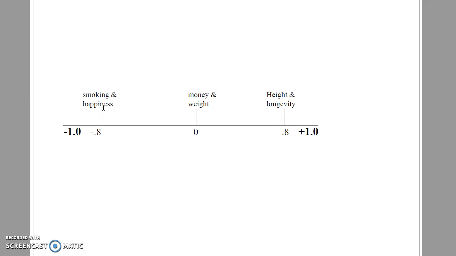Sometimes researchers say that a 0.5 is a moderate or close to strong relationship. They do that at their own discretion, but basically 0.6 to 0.8 is moderate, 0.8 and above is a stronger correlation, and 0 to 0.5 or 0.6 is generally a weak correlation.